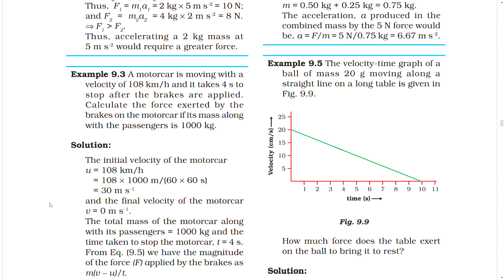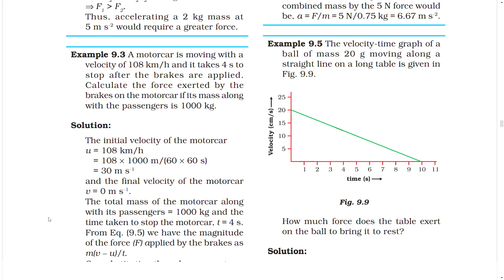The total mass of the motor car along with its passengers equal to 1000 kg and the time taken to stop the motor car t equal to 4 seconds. From the equation we have the magnitude of the force F applied by the brakes as m of v minus u by t.